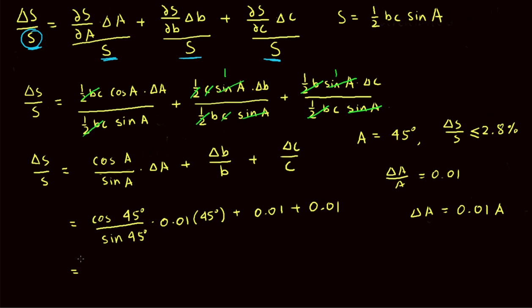Okay, so if we compute this with the calculator, cos 45 over sine 45 times 0.01 times 45 plus 0.01 plus 0.01. Oh, that's not right here.